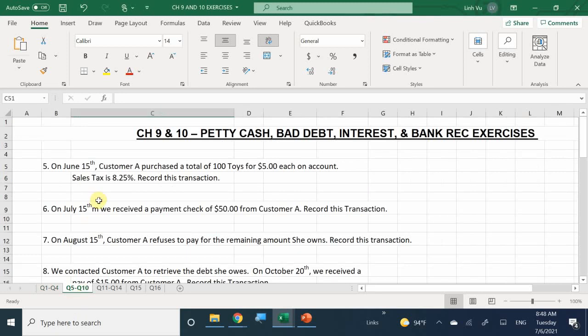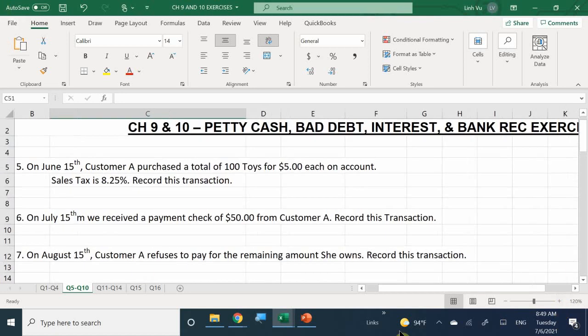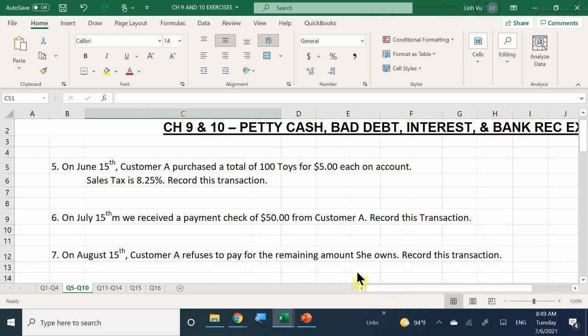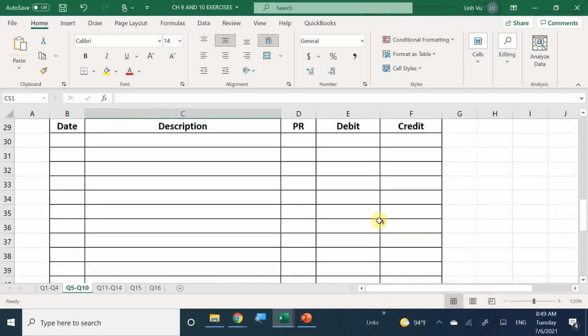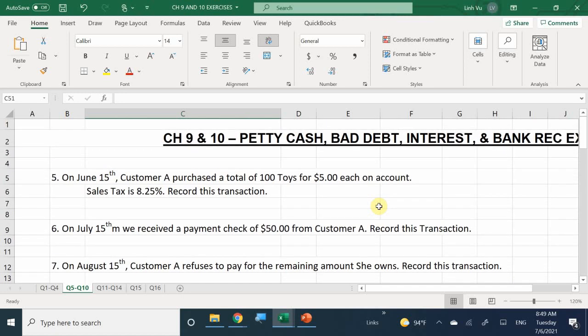All right, so questions 5 through 10 are going to be related to each other. This is going to be chapter 10. So let's take a look at the scenario here. I have a few scenarios and questions, and we have a journal for you to journalize. Let's start with the very first one. Number 5, on June 15, customer A decides to purchase a total of 100 toys for $5 each on account, and of course, sales tax is 8.25%.